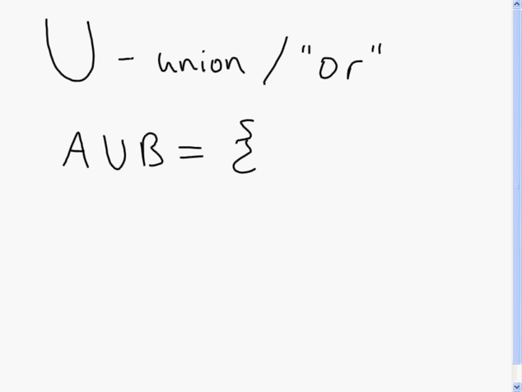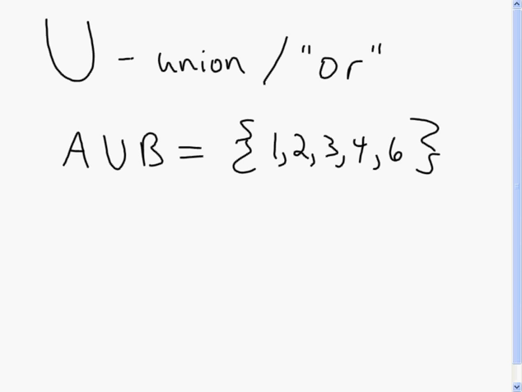If you put those two sets together, A union B, then you get everything in the first set, which is 1, 2, 3, 4, plus anything new that you pick up in the other set. Well, 2 we already had, 4 we already had. The only thing new we picked up was 6, and so the union of those two would be 1, 2, 3, 4, 6.